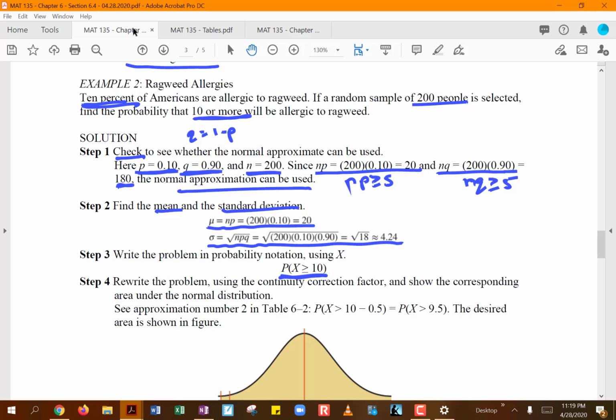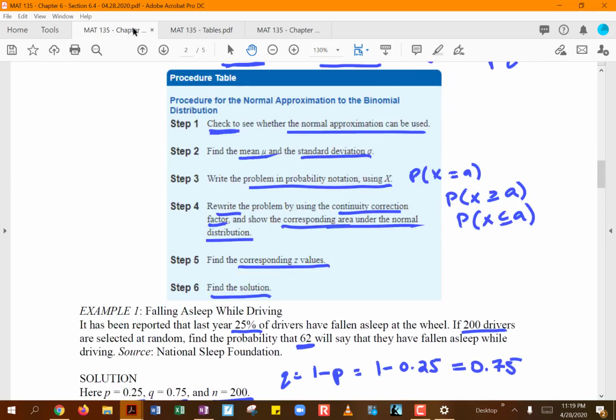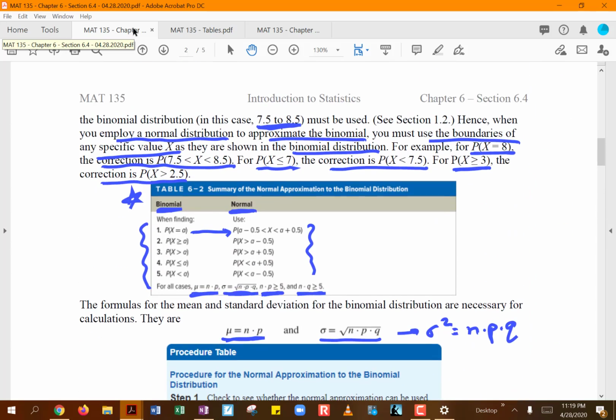So let's go back to our table over here, and this is P of x greater than or equal to, so this is case number 2. So our correction factor is going to be probability of x greater than a minus 0.5.